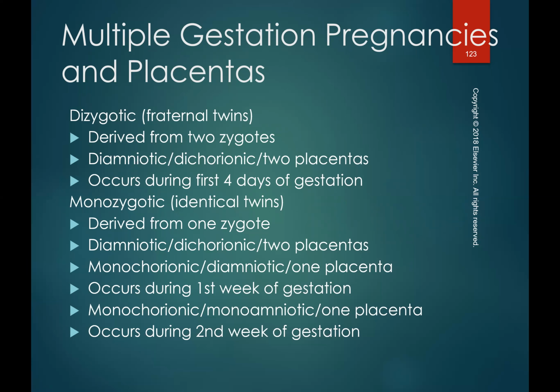A monochorionic, monoamniotic, those are the least safe babies to have. They don't even have their own sac. So they're just all in one sac, which could lead to cord entanglement.